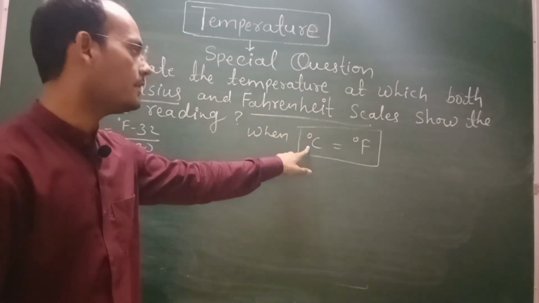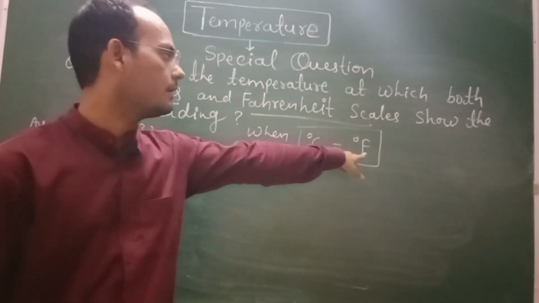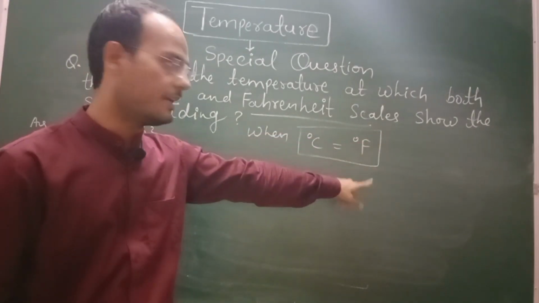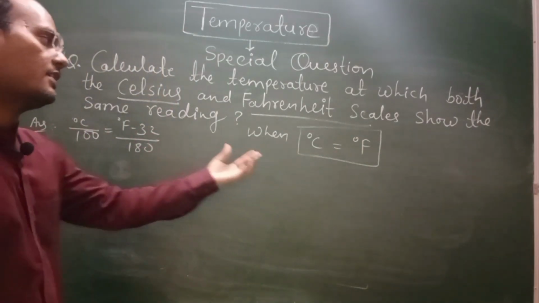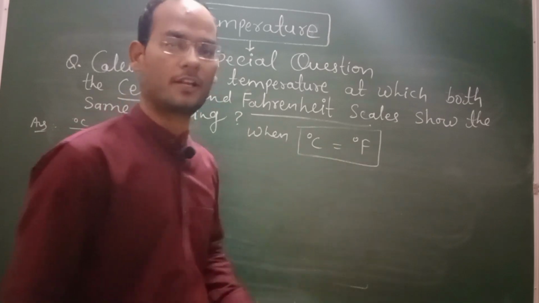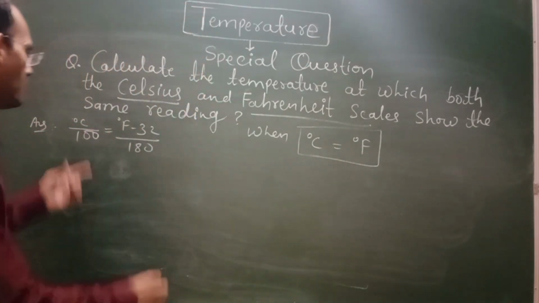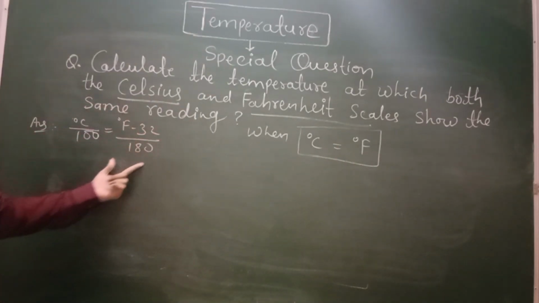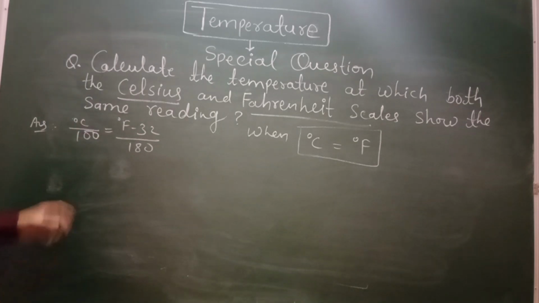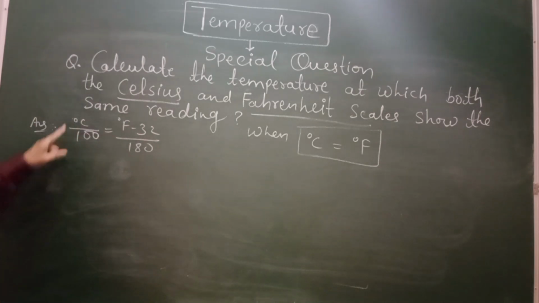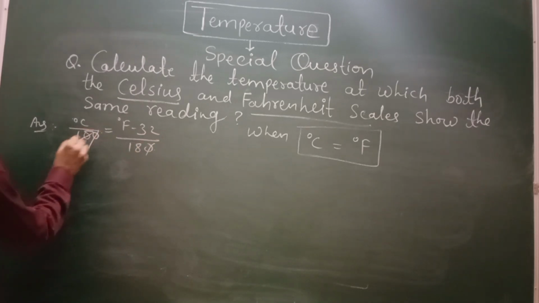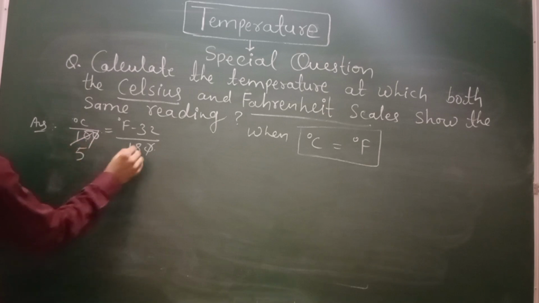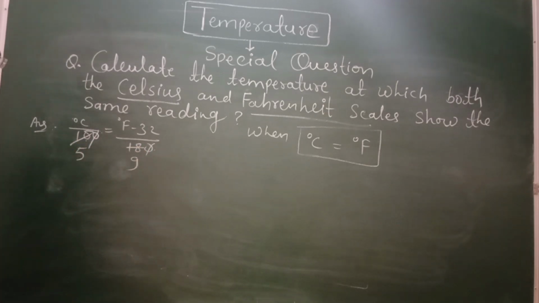When degree Celsius shows the same reading as degree Fahrenheit, what will be the relation between degree Celsius and Fahrenheit? We can find this relation this way: the 0 is cancelled out, and then by the 2 table we can divide. 2 5s are 10 and 2 9s are 18.